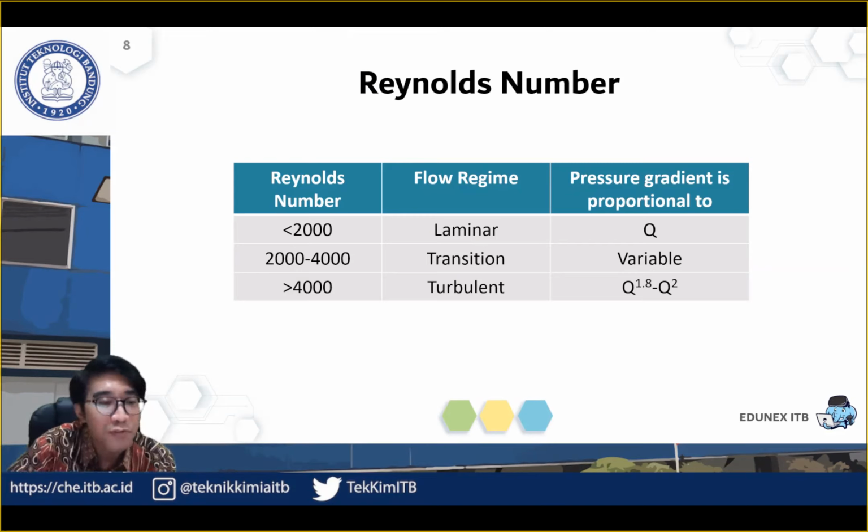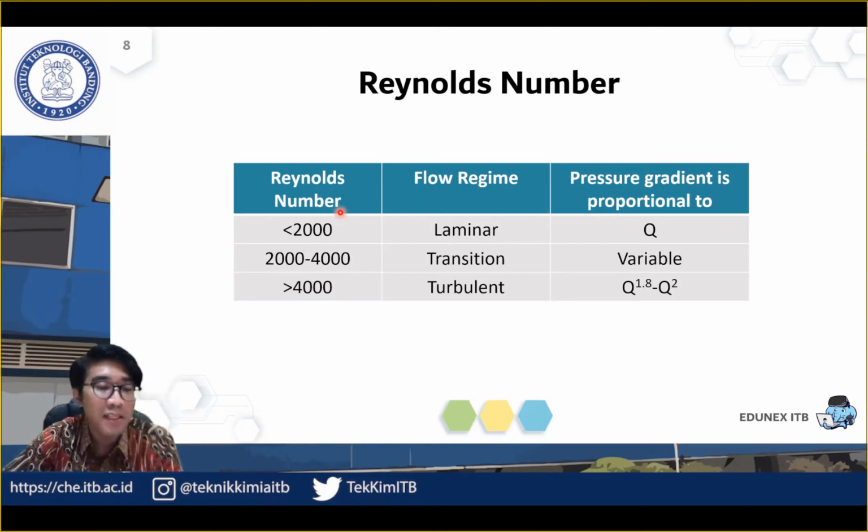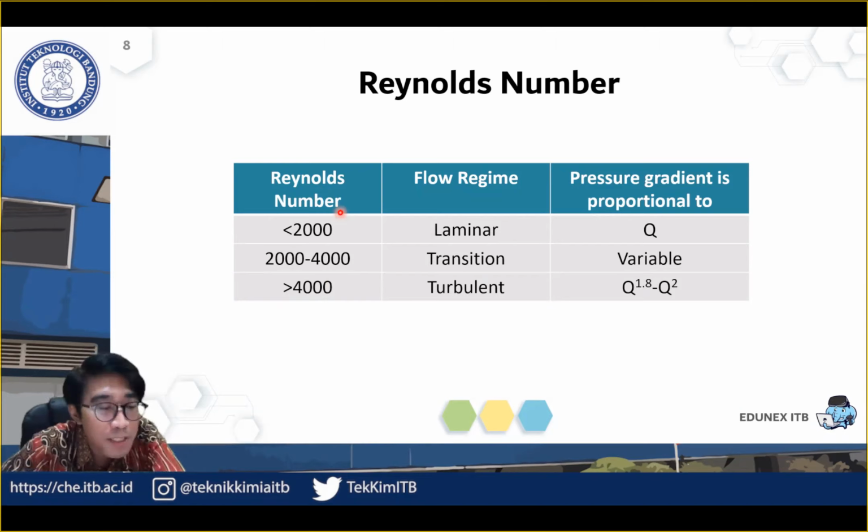Okay, what is the boundary, or what is the batas, for the Reynolds number, where it can be classified as laminar or turbulent or transition? Well, basically, there is no exact guidance, like exact number. Sometimes people say that if the Reynolds number is below 2000, it will be considered as laminar.